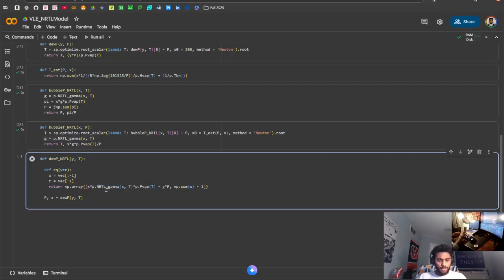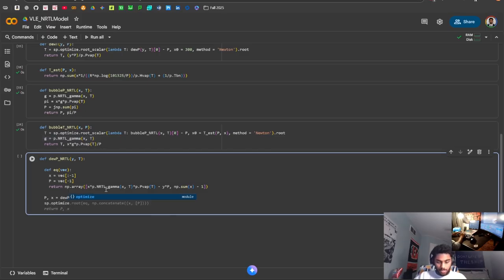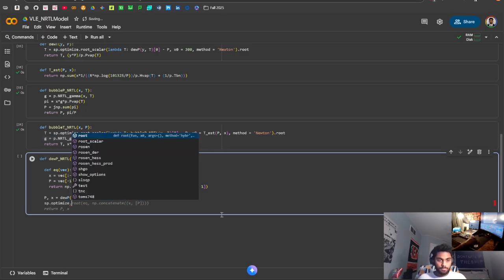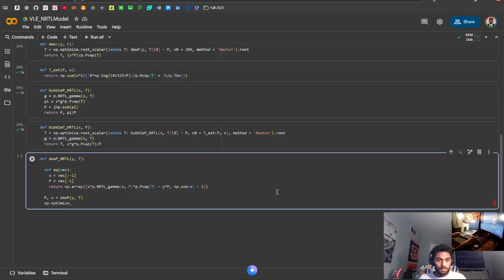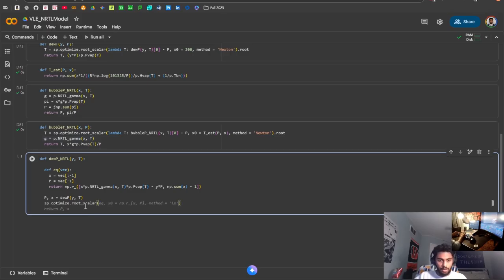And then what we're going to end up doing is we're going to go through and we're going to have our optimize function. So SP dot optimize dot root. I'm going to make sure that this concatenates into a row, so that'll be a row concatenation of that. I think that might be best, just to make sure that we're not going to run into any errors later on.